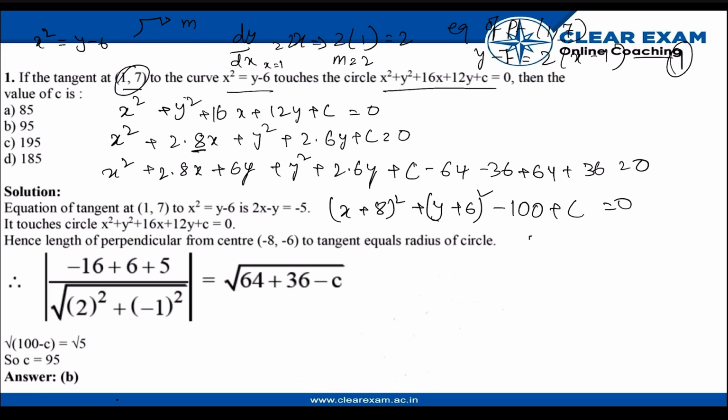So we can write this as x plus 8 the whole square plus y plus 6 the whole square equals 100 minus c. Now this is equation 2.